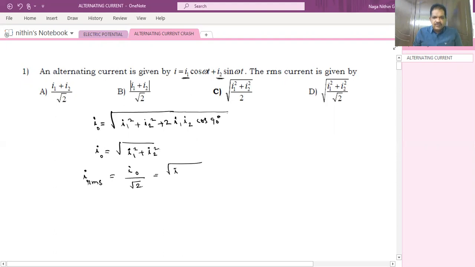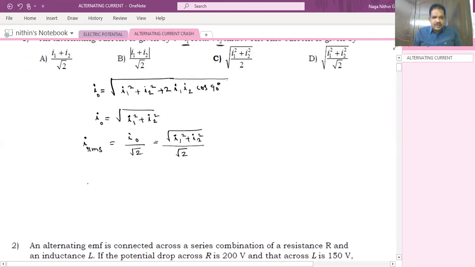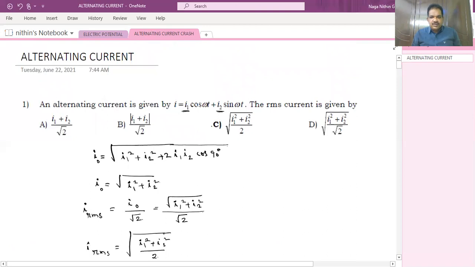Square root of I1 square plus I2 square divided by root 2. If you write it, then IRMS is equal to square root of I1 square plus I2 square by 2. The option for this will be this one. Already we printed it in bold letters. Easily you can identify the answer. Okay. Next, see the next question.